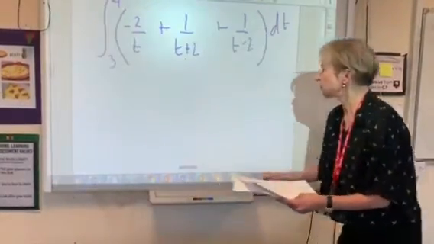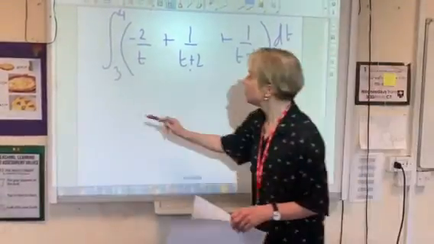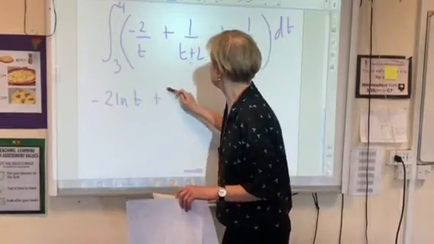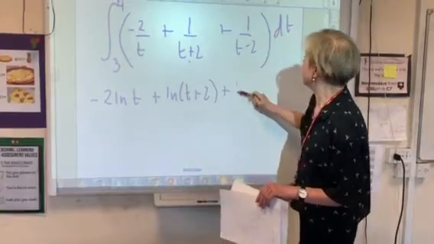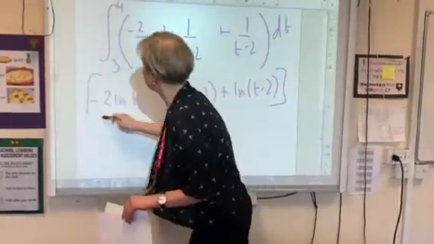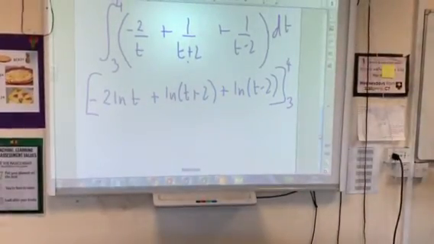So much more straightforward, but it does say show detailed reasoning, so you're going to put this in carefully. You're going to have ln t plus 2 plus ln t minus 2 with your limits going in. Make sure that you clearly show your limits going in, because it says detailed reasoning.